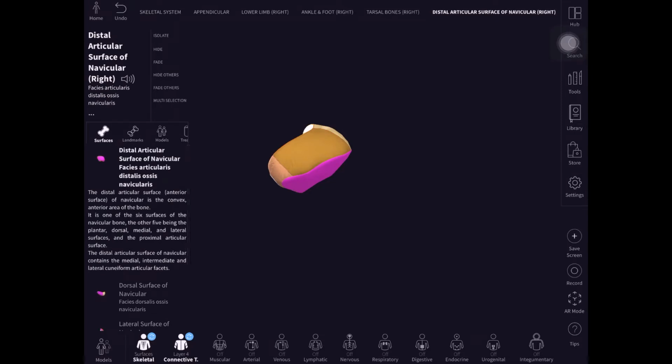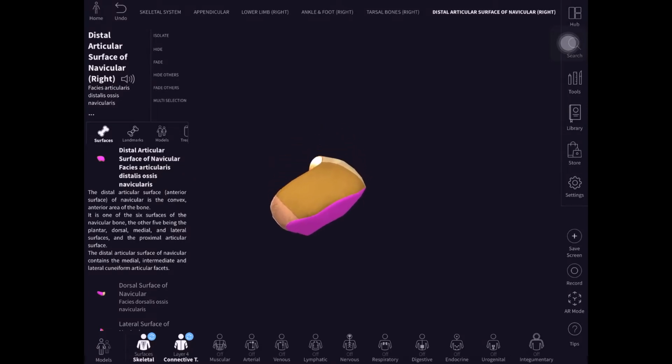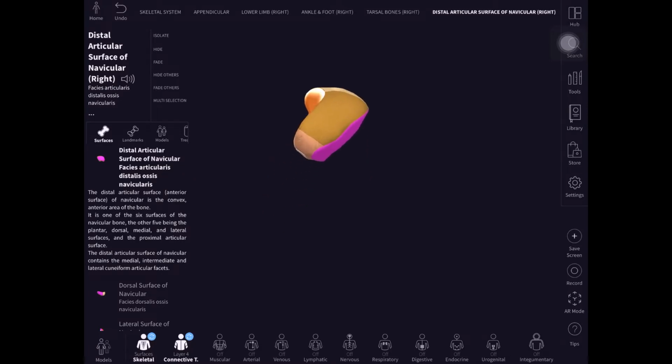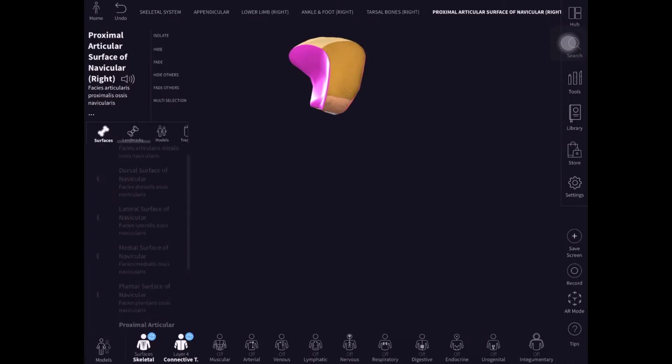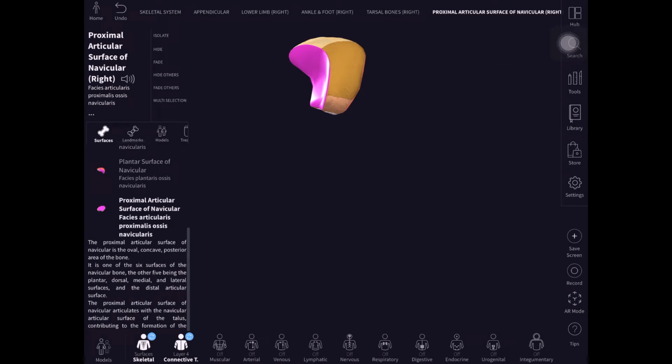The surface which is facing in the front is your anterior surface. It is also called the distal surface because it is distal in location. So this is anterior or distal, and if you go this side, this one is your posterior surface, also called proximal.